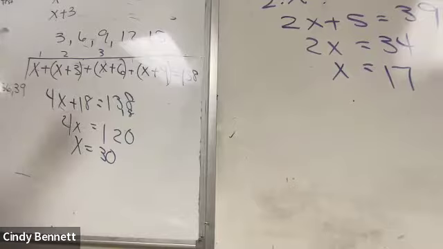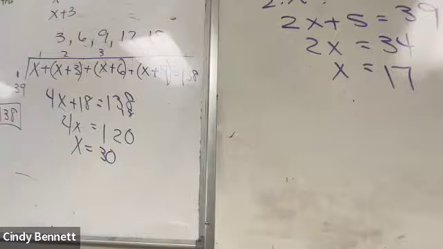And now if you want to check it, if they add up to 138, you add them up. 3, 6, 9, 12, plus 1 is 13. So adding them together, I do get 138. Okay. We did 11.